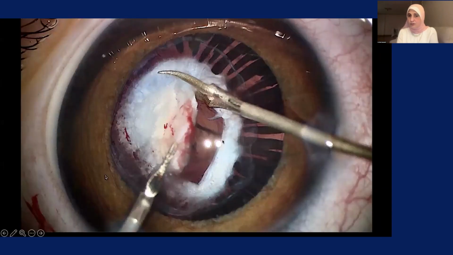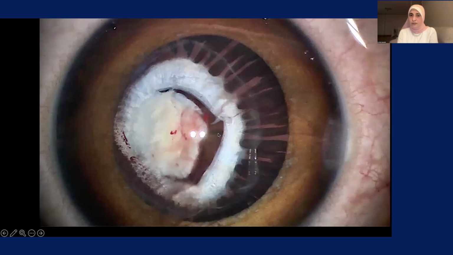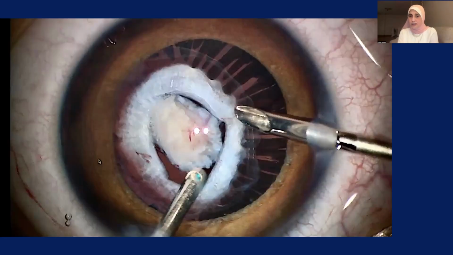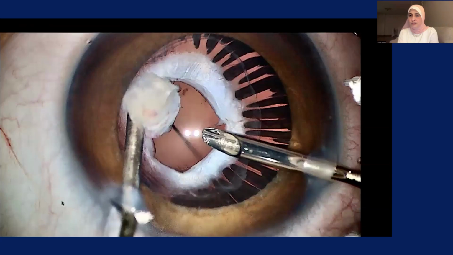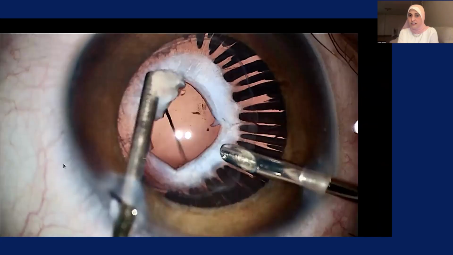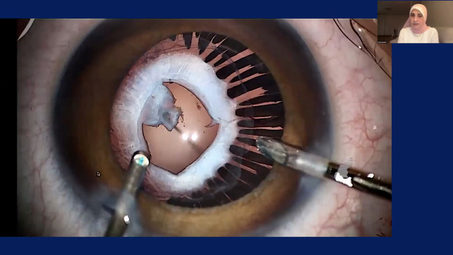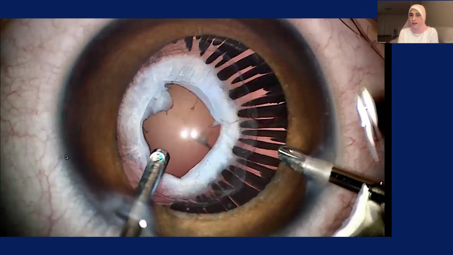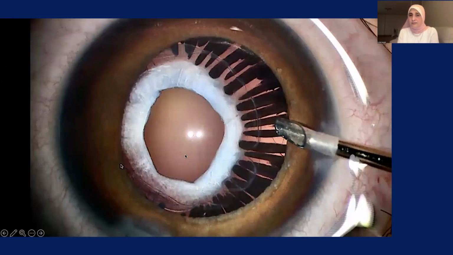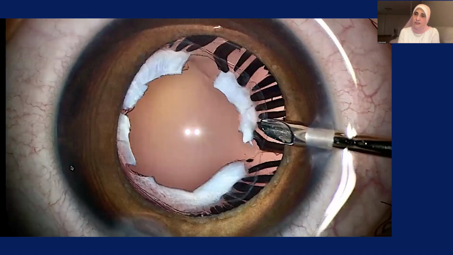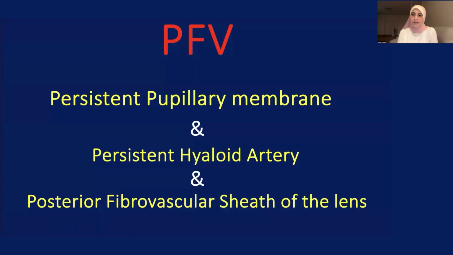Here, cutting the fibrosis, and you can see the shadow of the hyaloid artery. Cutting, and now it's time to go with the cutter, remove the posterior capsule and the fibrosis. You see here the hyaloid artery. You can trim it regularly, and then here we leave an area of fibrosis obstructing the hyaloid artery. And then we go with the radial cuts, and here at conclusion of surgery.